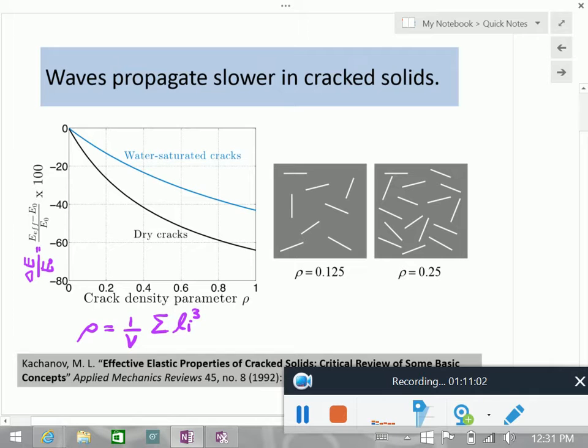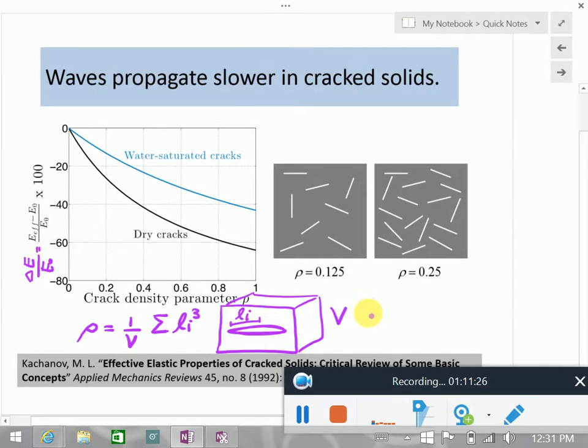you define, let's say this is your crack, and the radius is Li. It's a penny shape. And you are looking at a certain volume of your material.